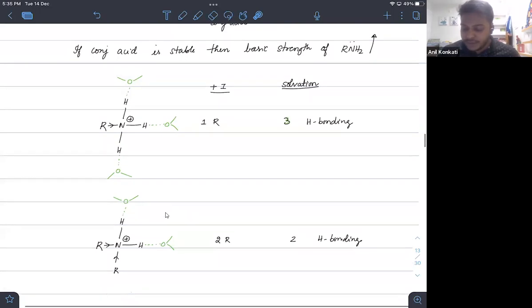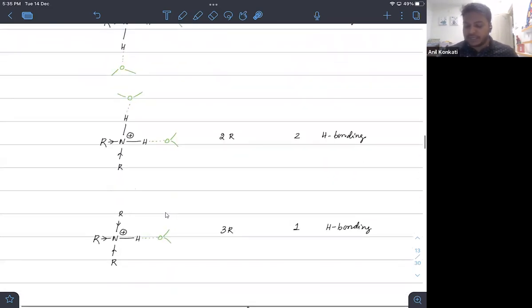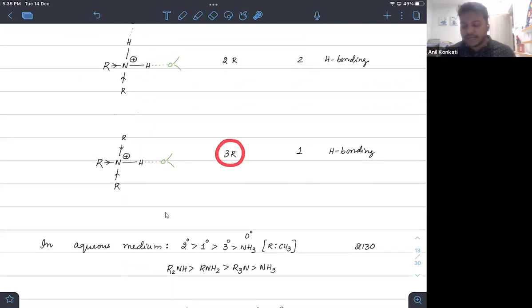So here we can see there is only one alkyl group which is giving plus I effect, but there are three hydrogen bondings or three solvation effects. In case you take the secondary amines, we have two alkyl groups which are giving plus I effect and two hydrogen bondings. While if you see here, there are three alkyl groups and only one hydrogen bonding appearing in 3-degree amines.